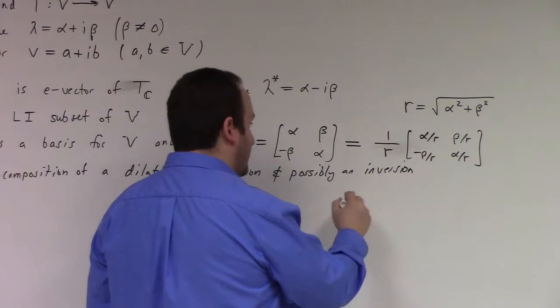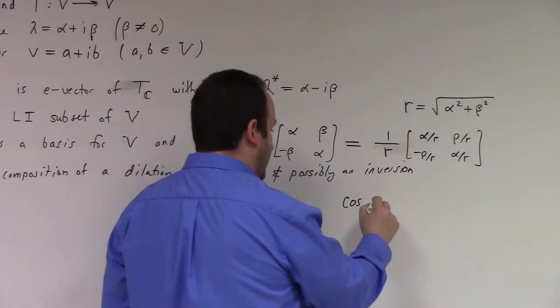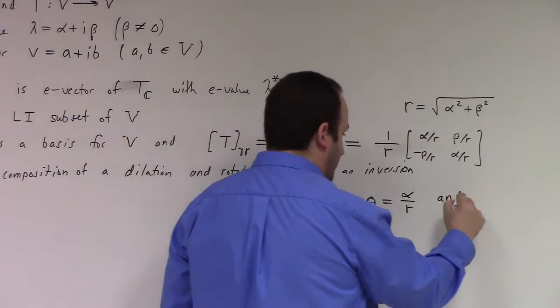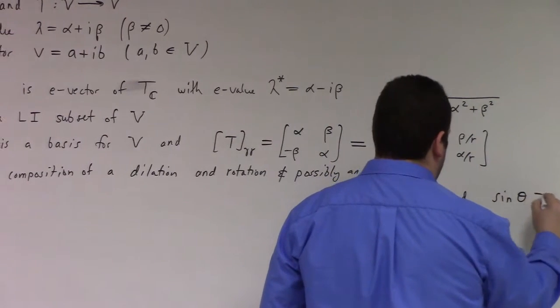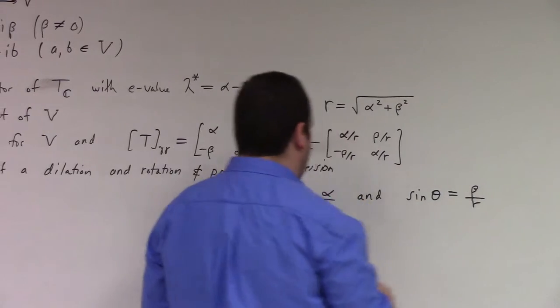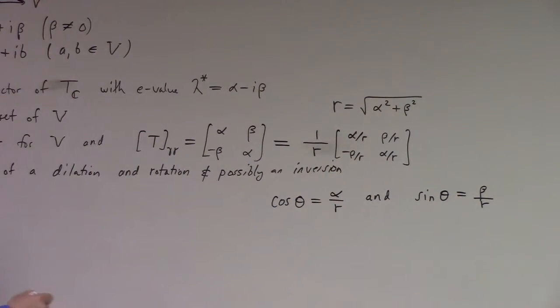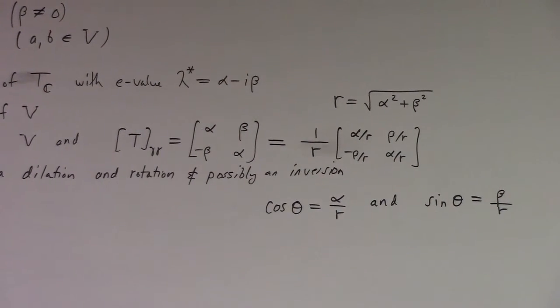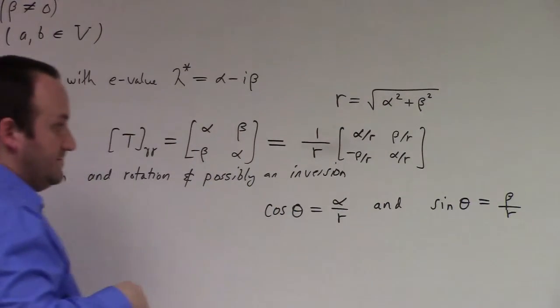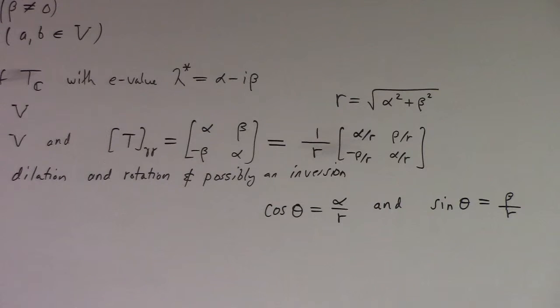You can argue then that cosine of theta is alpha over r, and sine of theta is beta over r, something like that. And what do you get if you calculate? Does that make sense? Is cosine squared plus sine squared equal to 1? You get alpha squared plus beta squared divided by r squared, which is r squared over r squared, which is 1, right?